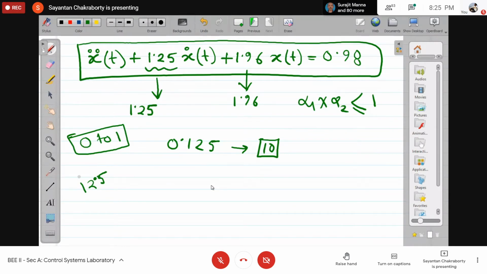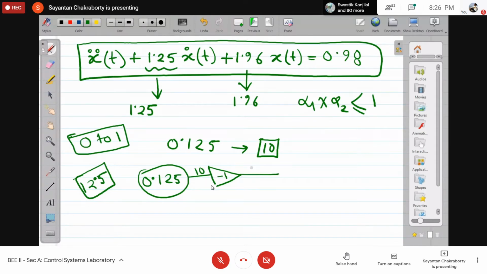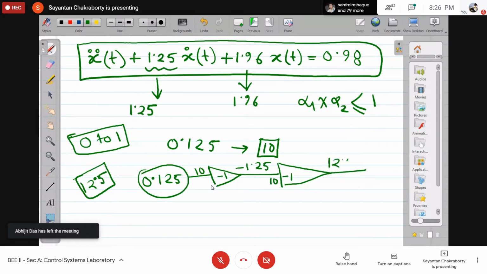So to get 12.5, you set 0.125, multiply with 10 inverting, so you get minus 1.25, then multiply again by 10. So you get 12.5. Understood?